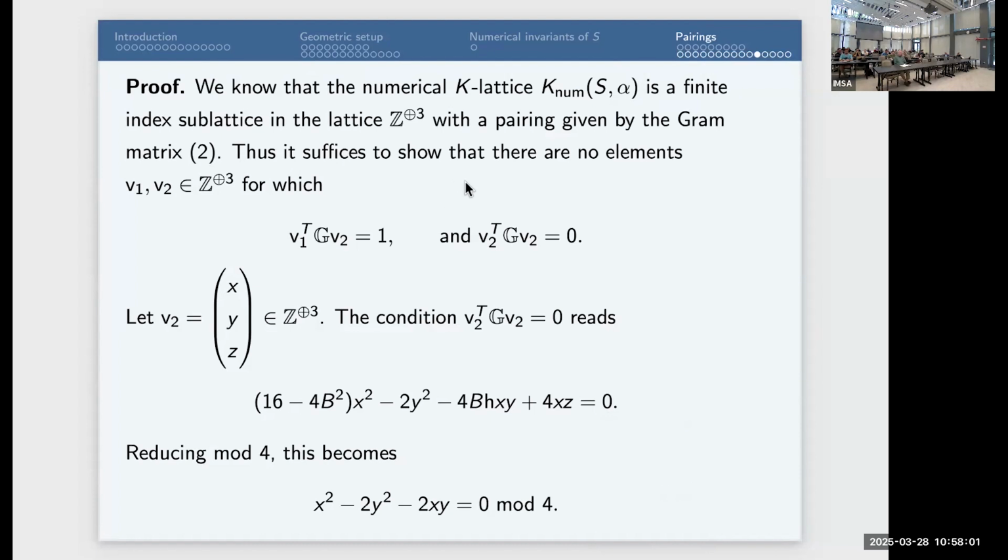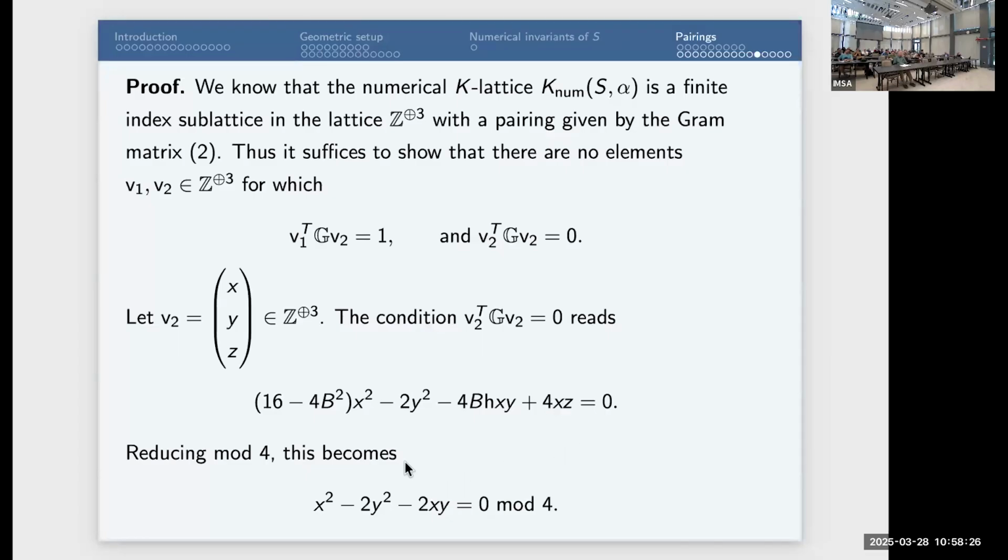Right. So we just go to this lattice lambda, and here are the two conditions we want to solve. V1 transpose G V2 is 1, V2 transpose G V2 is 0. G is that Gram matrix. So write V2 as x, y, z. This condition simply says, well, it's something.